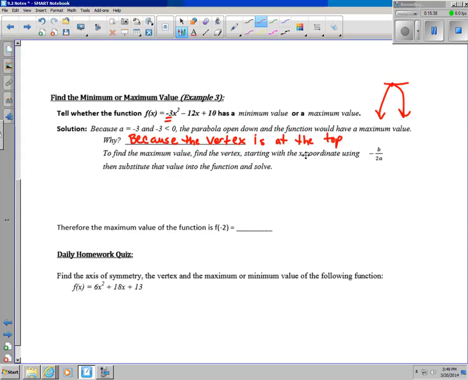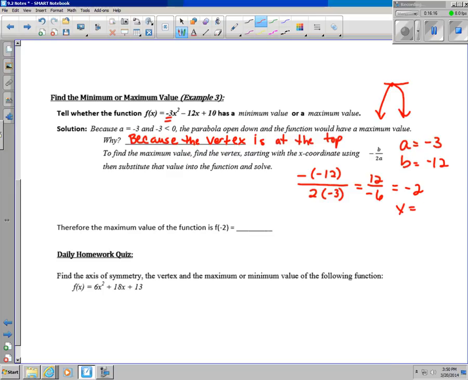You're going to start with the x-coordinate using negative b over 2a like we've done every problem. So my a is negative 3, and my b is negative 12. So negative my negative 12 for my b, all over 2 times negative 3. So I end up with a positive 12 over negative 6, which means that my x-coordinate for my maximum value is negative 2.